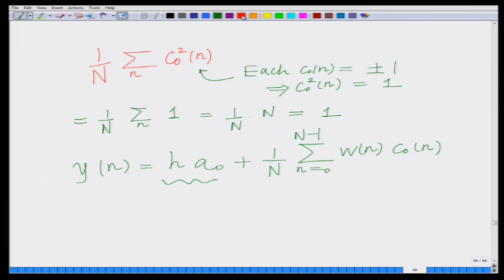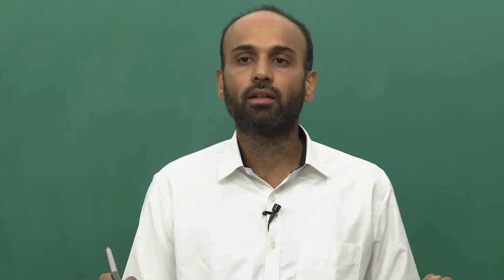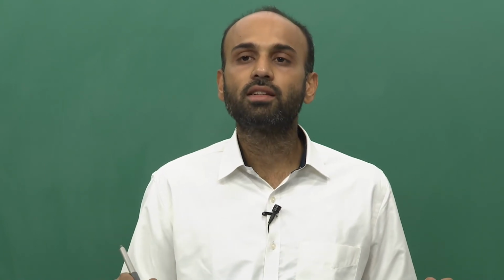This is the signal part, so the signal is h times a0, and this is the noise at the receiver. So we have again simplified this after the correlation in terms of the signal part and the noise part, and we see that the signal part is simply h times a0.